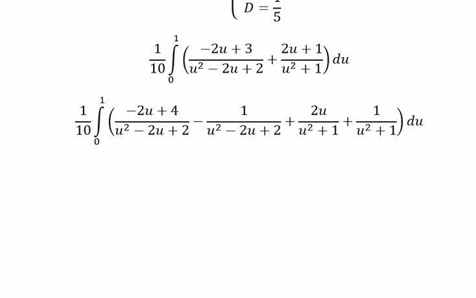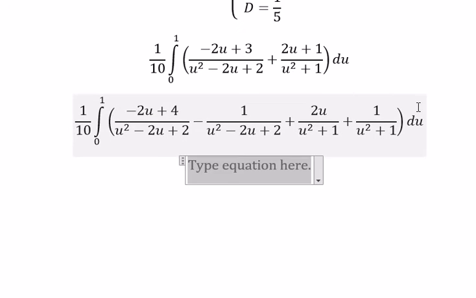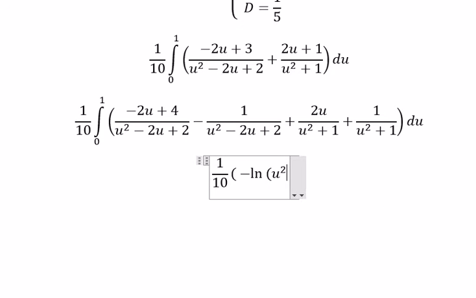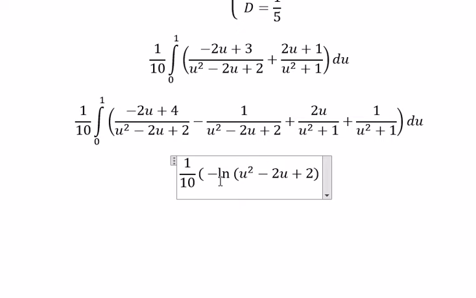So now we can get the final answer. The integral of this one, you get negative ln of u squared minus 2u plus 2, and we have number 2 in here.